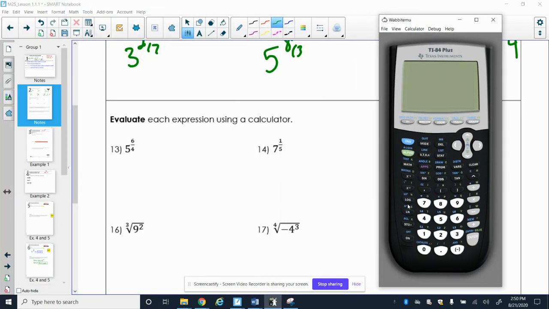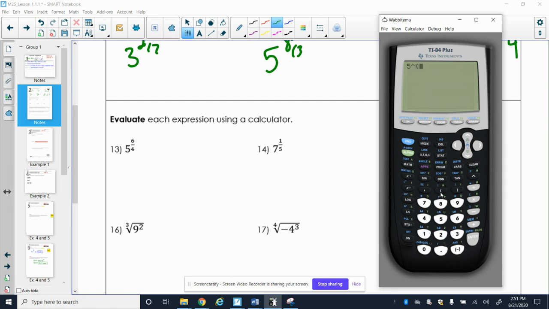All right. So we were going to put in 5 to the 6 over 4 power. All we'd have to do is put in 5, caret key. Now, if we had this calculator right here, which is technically an older model, when we hit this caret key, notice there's no parentheses or anything. There's no raising of to an exponent. So if I'm trying to put in an exponent of 6 over 4, I can't just put 6 divided by 4.